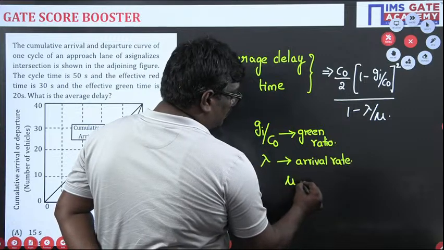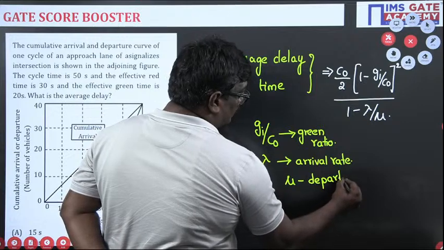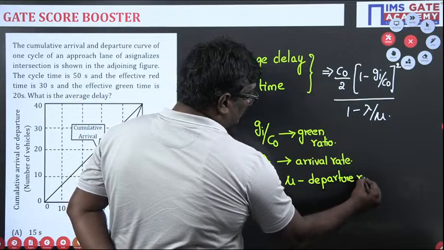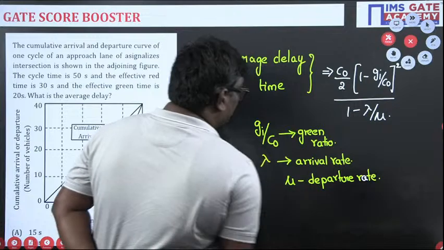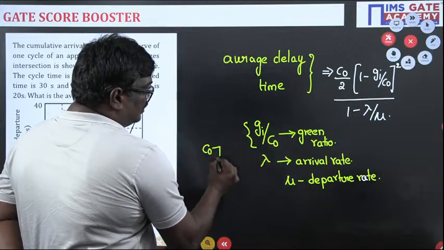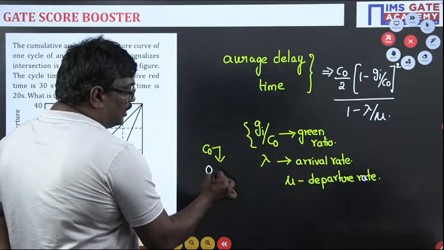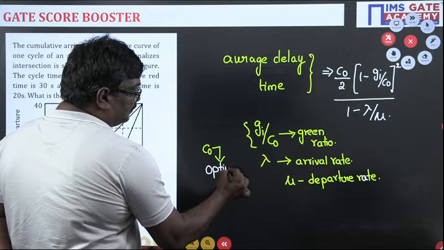What is mu? Mu is nothing but the departure rate. Gi by C naught is the green ratio, and C naught is the optimum cycle time.